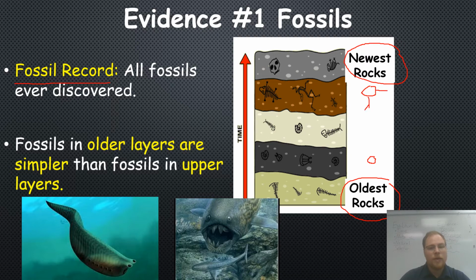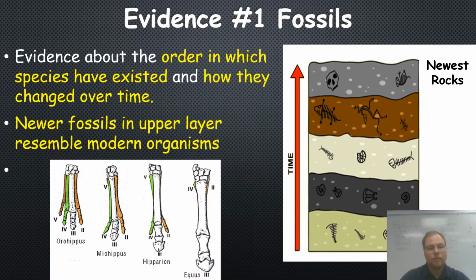This is an example right here of a jawless fish. These guys had no jaws at all, no bones in their mouth, and they ate food basically by just inhaling it. And then these fish later on in the fossil record had jaws, and they're a little bit more complicated.